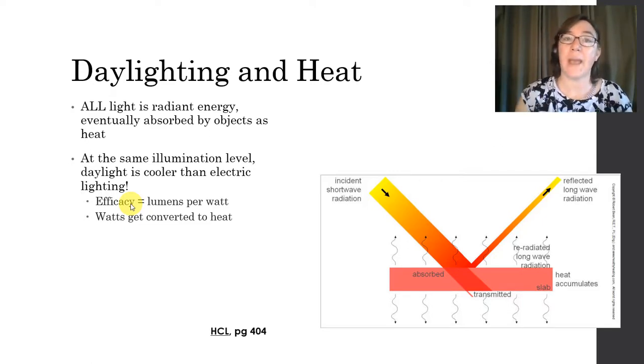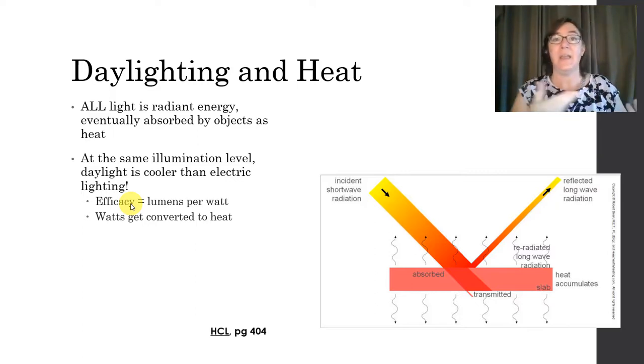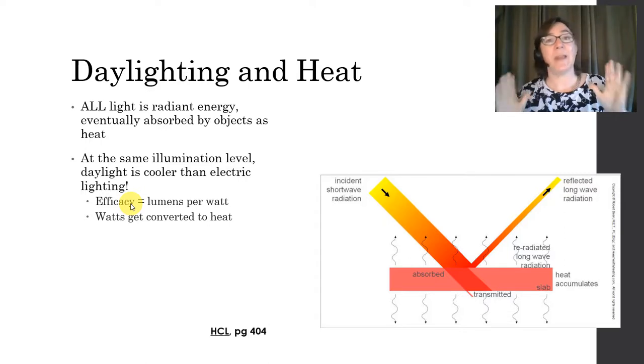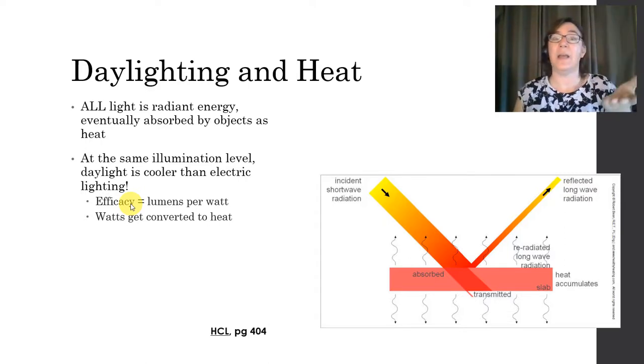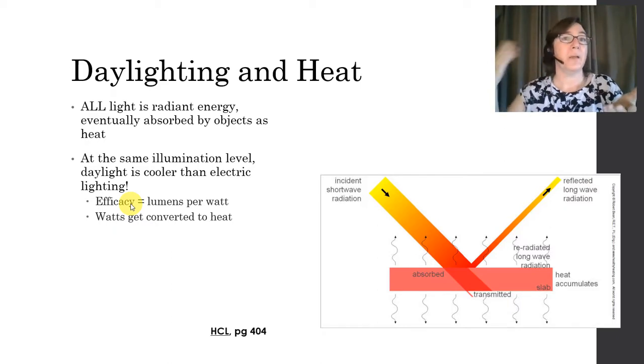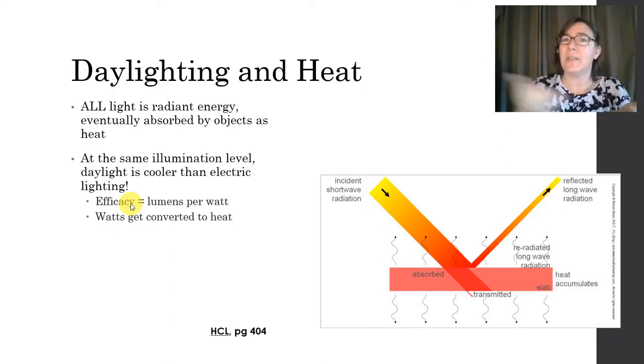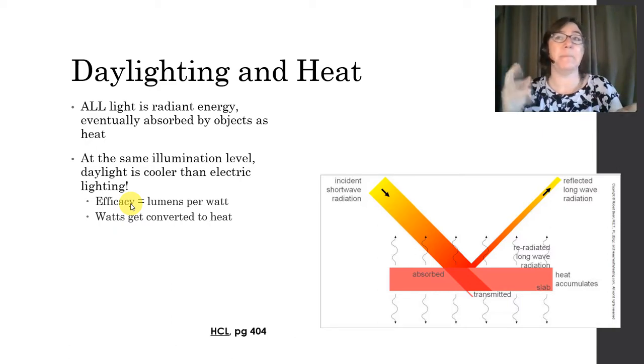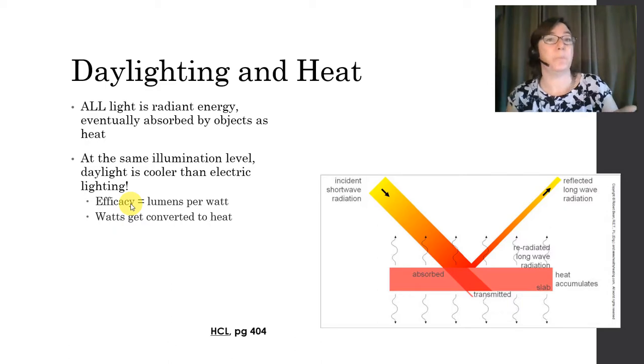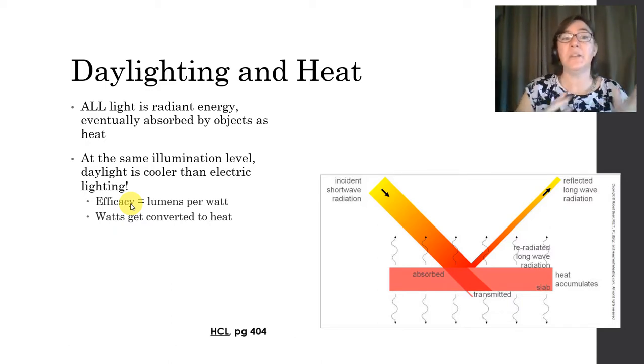But it turns out that we can measure the efficacy of daylighting. Remember that efficacy was the light output, or how much light is being provided, per the electricity that's being input to the light. But we can make the same measurement with daylighting by measuring the heat output. So these are equivalents in lumens per watt.